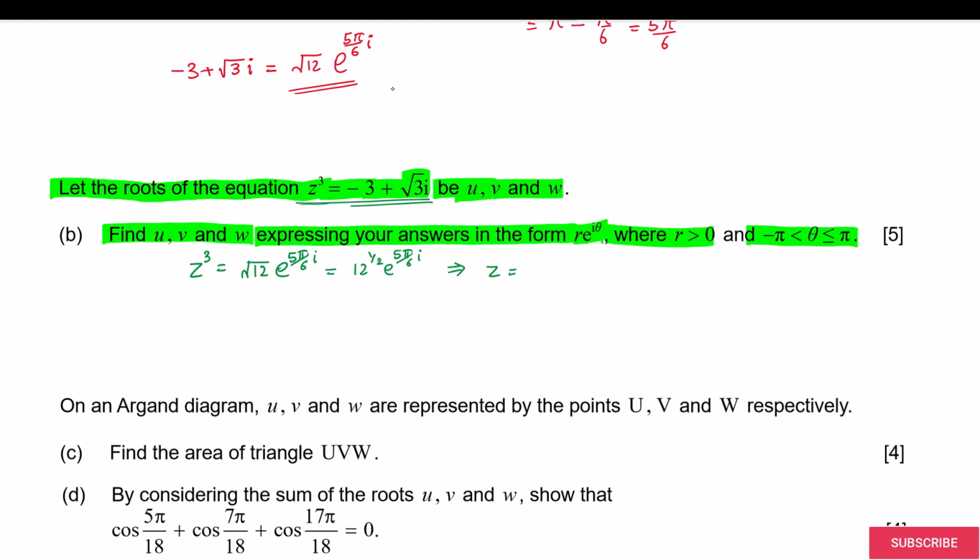Z is going to be the whole to the power 1 over 3, so 12 to the power 1 by 2 e to the power 5 pi over 6 iota, to the power 1 over 3. It is 12 to the power 1 over 6 e to the power 5 pi over 18 iota.